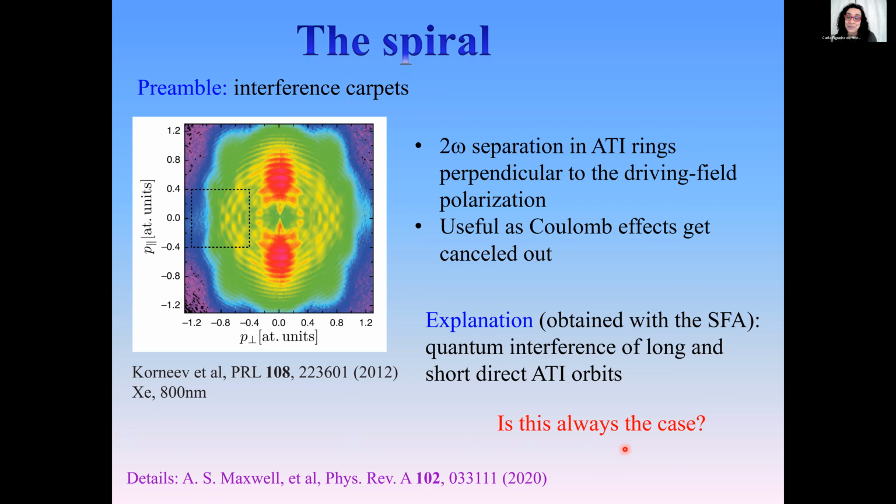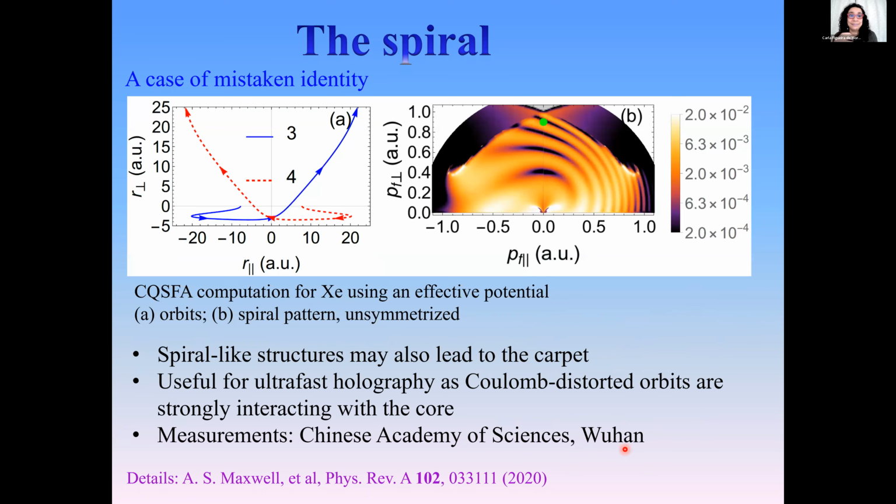Now, we realized it wasn't the case. This is for a specific type of initial conditions, but if you superpose two orbits, one identified as orbit 3, this Kepler hyperbola, and one which looks like orbit 4, and you add their contributions coherently, you're going to get a lot of spiral-like structures.